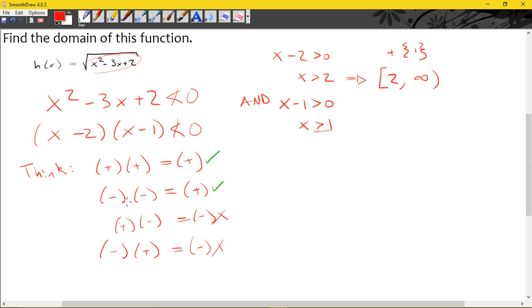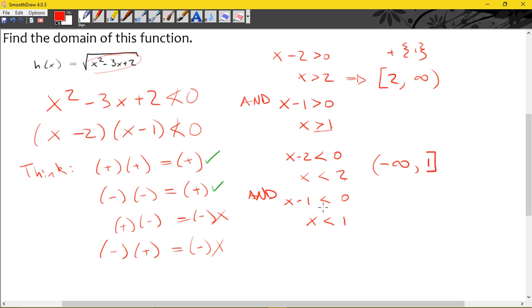I could also have this situation where x minus 2 is less than 0. So x is less than 2. And x minus 1 is less than 0. x is less than 1. And remember, it's allowed to be 1. It's allowed to be 2. So negative infinity to 1, that's okay.